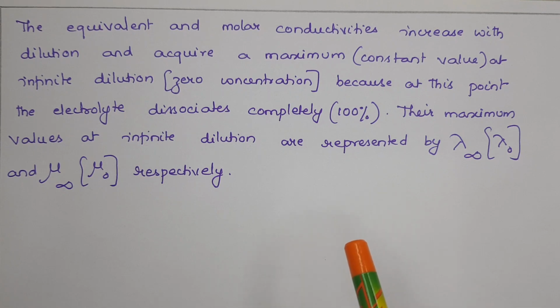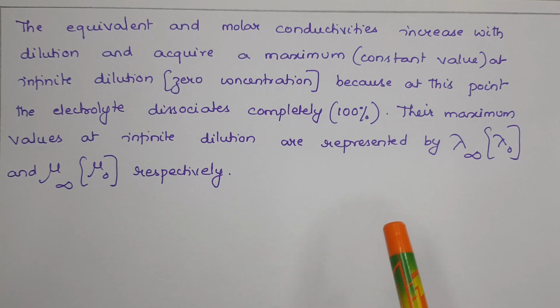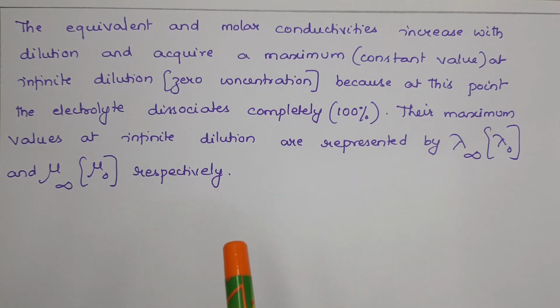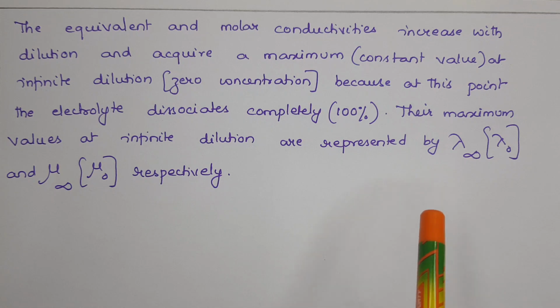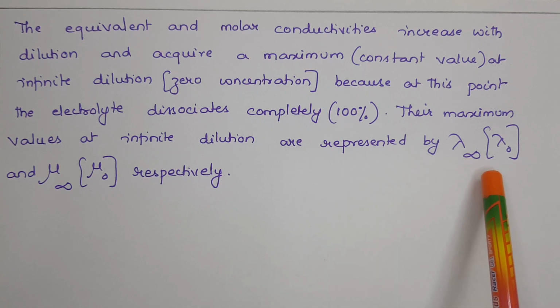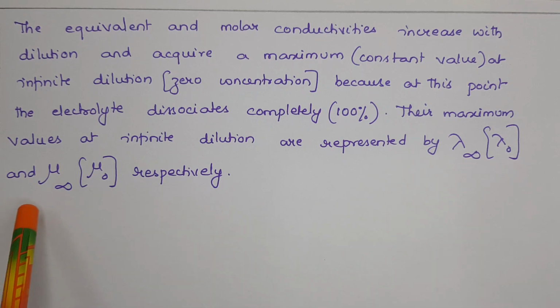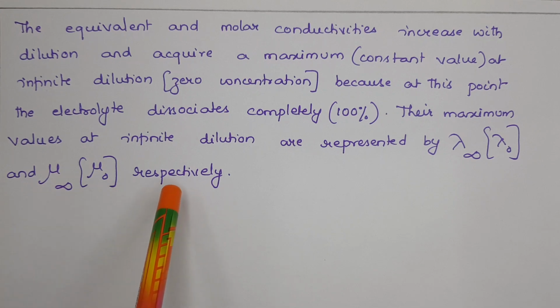The concentration becomes zero because at this point we all know that the electrolyte dissociates completely, or the dissociation of the electrolyte is 100% complete, and the maximum values of equivalent and molar conductances are represented by lambda infinity or lambda naught and mu infinity or mu naught respectively.